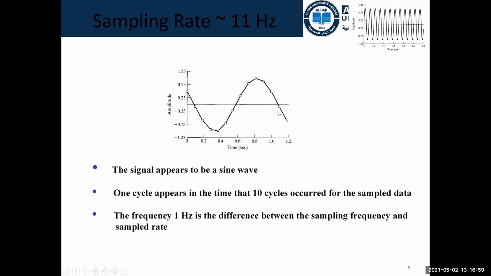The resulting frequency is about 1 hertz, the difference between the sampling frequency and the original frequency. It means that if we sample at a higher frequency, we get a lower resulting frequency. If we are sampling at a fraction of the original hertz, we will create a straight line.